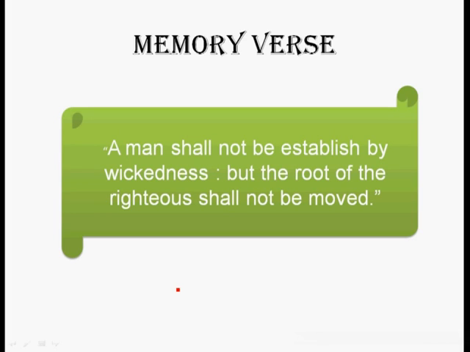Don't use wickedness to make something in life. You must use righteousness. That's what it is saying to you. So a man shall not be established by wickedness, but the root of the righteous shall not be moved. Therefore, the root is what? The foundation. So your foundation will not be moved if you built it on righteousness.